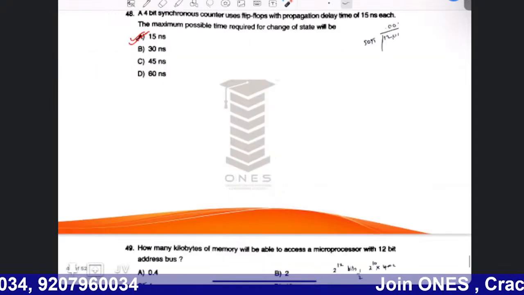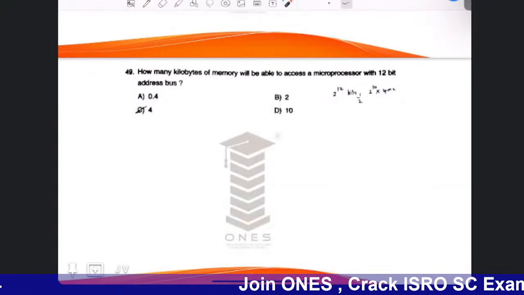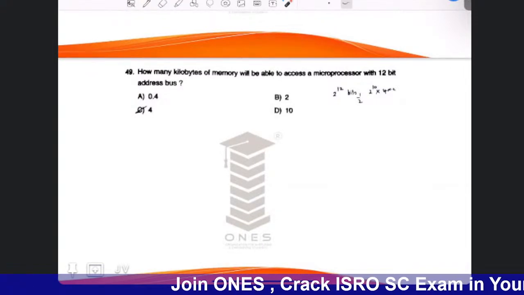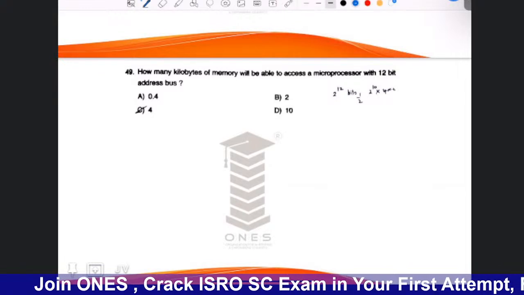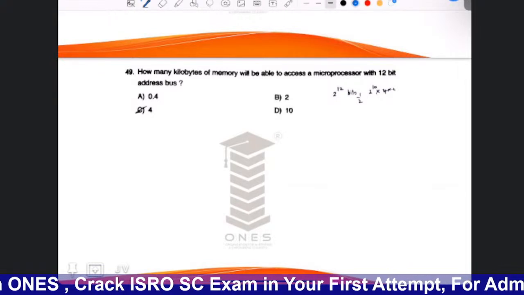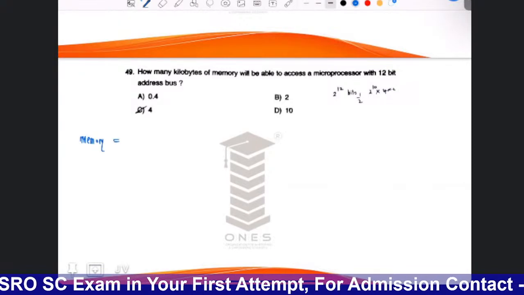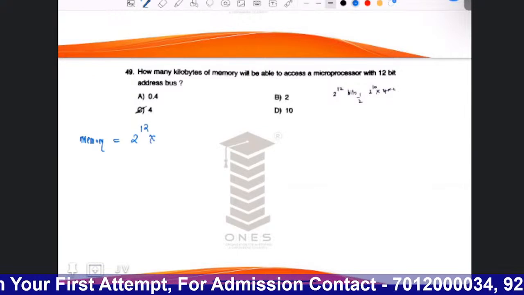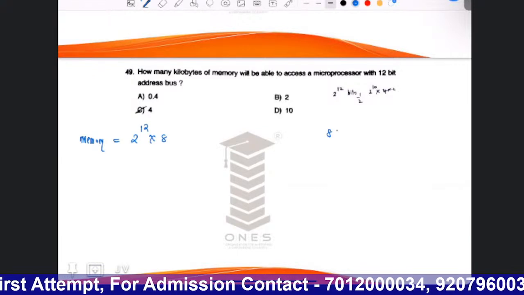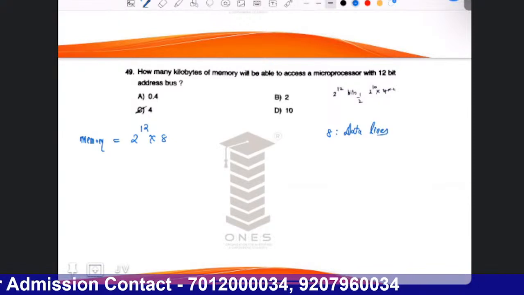49. How many kilobytes of memory can a microprocessor with 12-bit address access? There are 12 bits, so memory will be 2 raised to 12 into 8. Why into 8? We are assuming that there are 8 data lines.